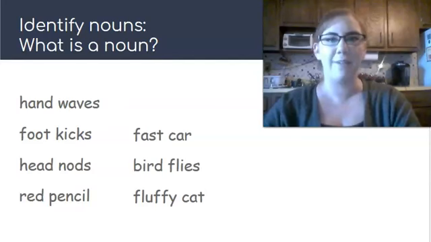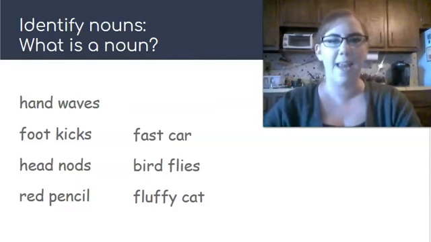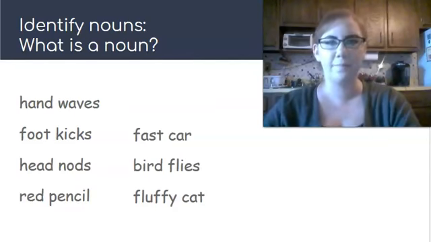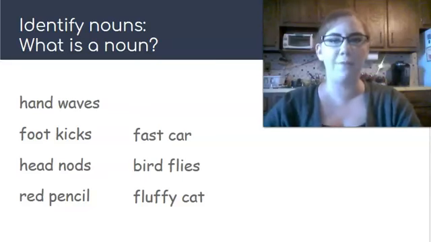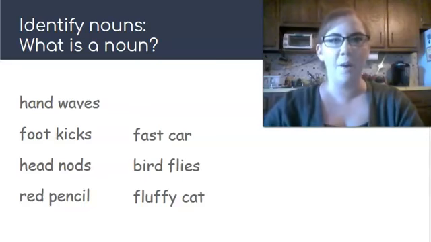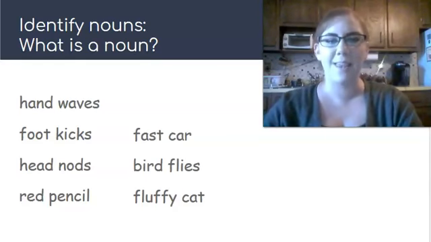Next, we're going to talk about nouns. What is a noun? So far, we've learned that a noun is a word that names a person, like a kid or a teacher. But a noun can also be a word that names a thing. If I say blue house, which word is a thing, blue or house?